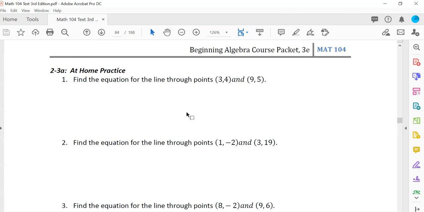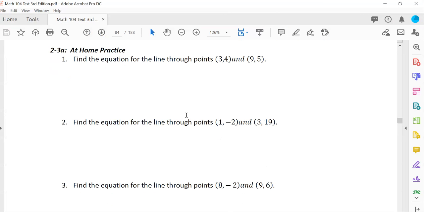Now the next question says we want to find the equation for the line through points (1, -2) and (3, 19). Now, the same process is going to happen, but I wanted to show at least one of these because this has a negative value.